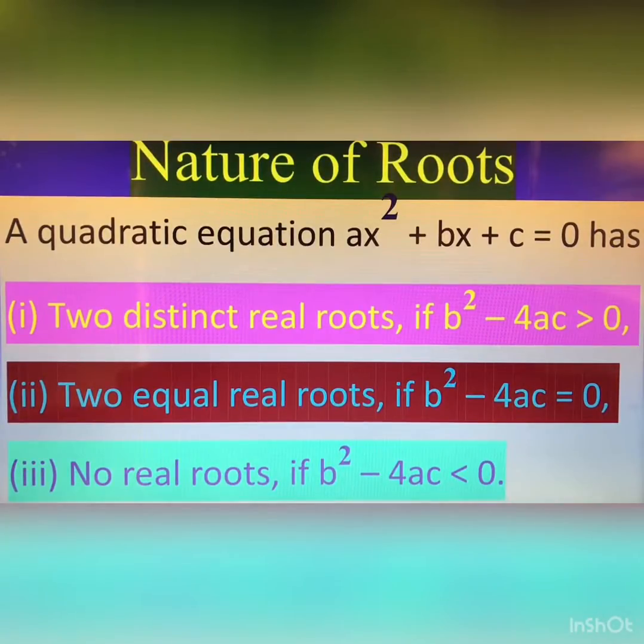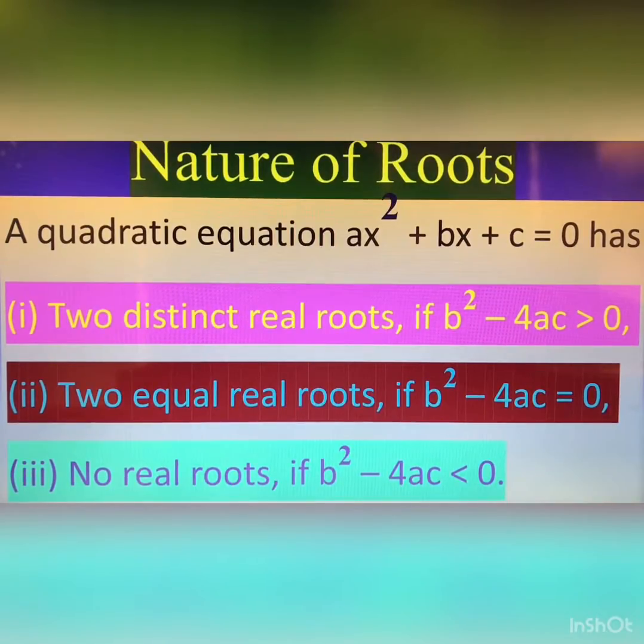It means when we find the value of b square minus 4ac, that is the discriminant D, and it is greater than 0, that is, its value is positive, like 1, 2, 5 and so on, then you get the final decision that there are two distinct real roots of the given equation without solving it.